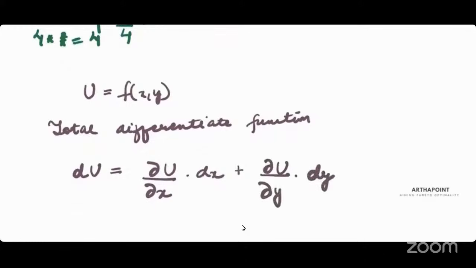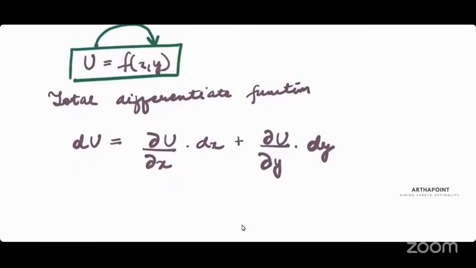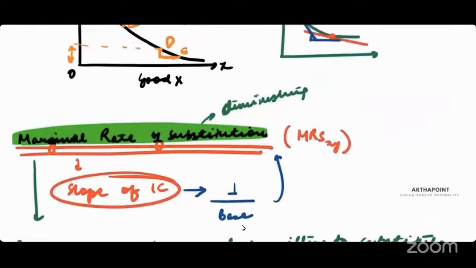Please understand this thing. My utility is gained from two commodities, x and y. When I ask you the question, how does utility change?